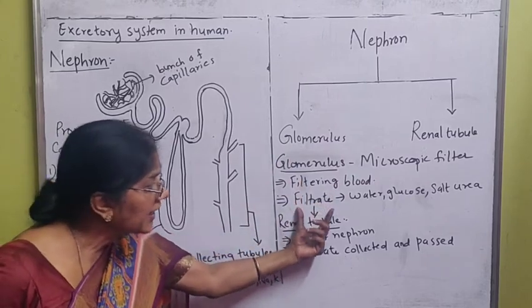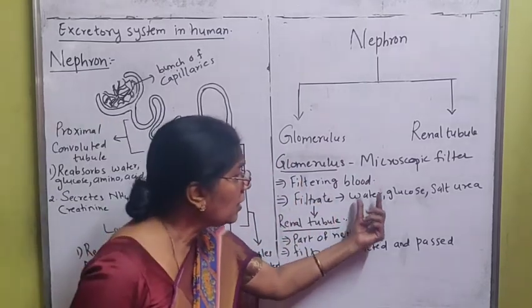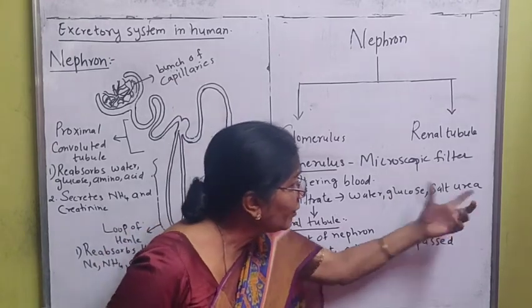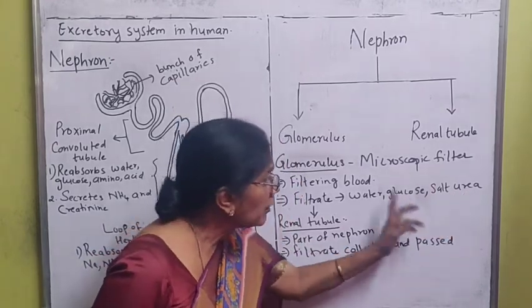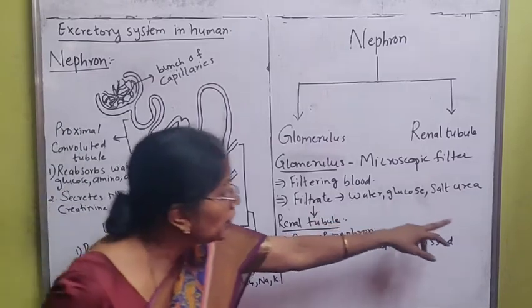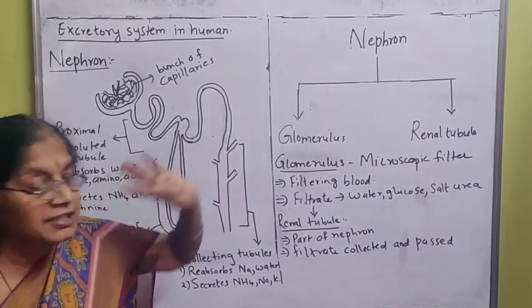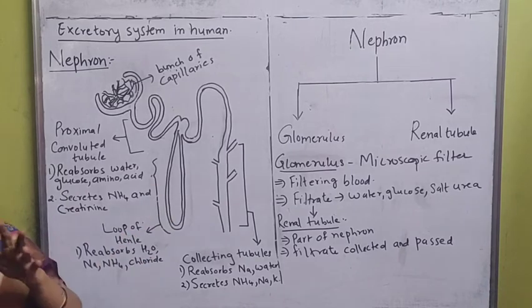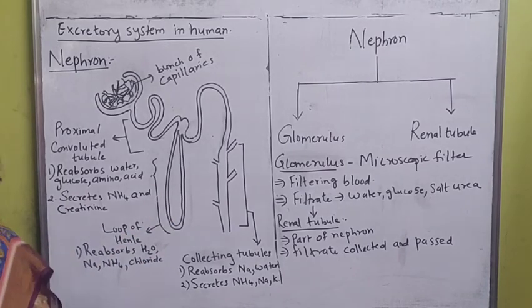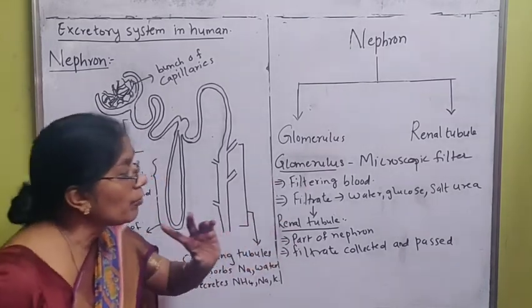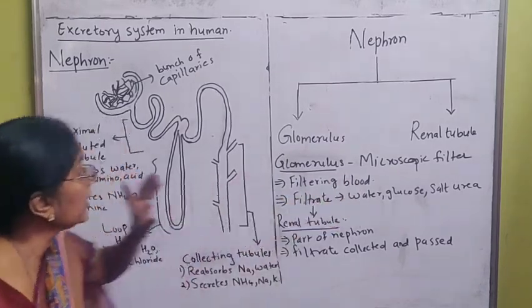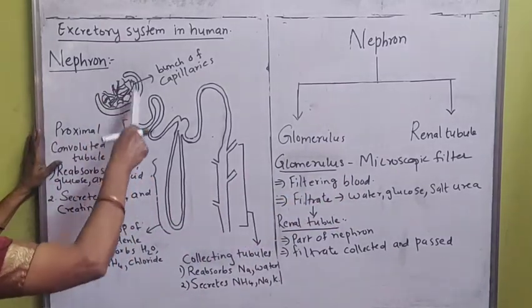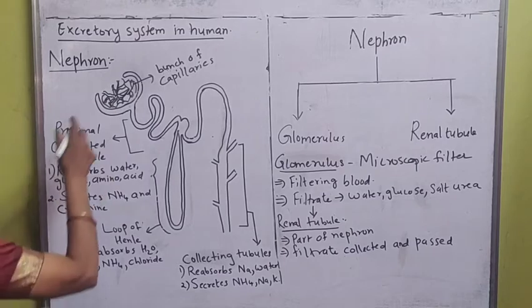What does this filtrate contain? Water, glucose, salt and urea. In that, water and glucose are very important. Urea is an unwanted substance. Later when it passes through other parts, that will also be thrown out of the body. So this is the glomerulus. It is a microscopic filter. Here you can see a cup shape. I have drawn this part.